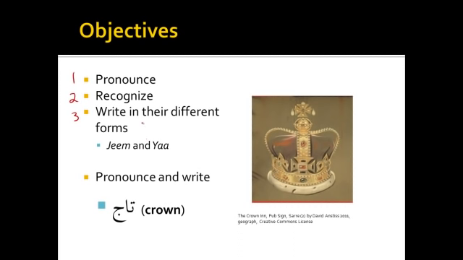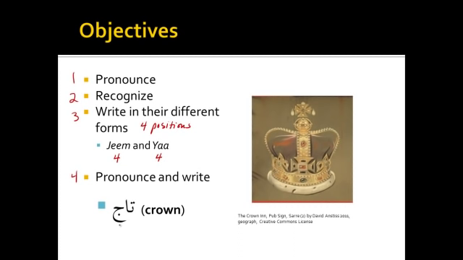And as you remember, there are four positions for each letter. The Jeem has 4 out of the 4 positions, as does the Ya. Both of these letters have 4 positions. Our fourth objective is to pronounce and write the letters Jeem and Ya in a word.